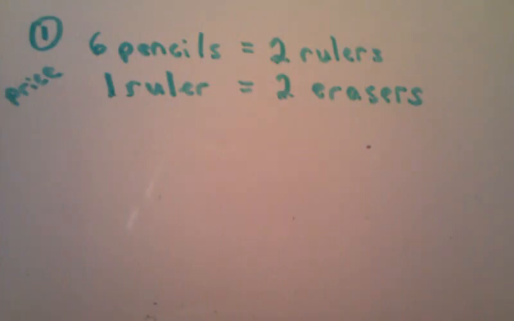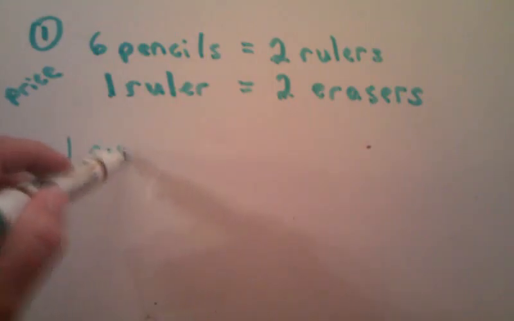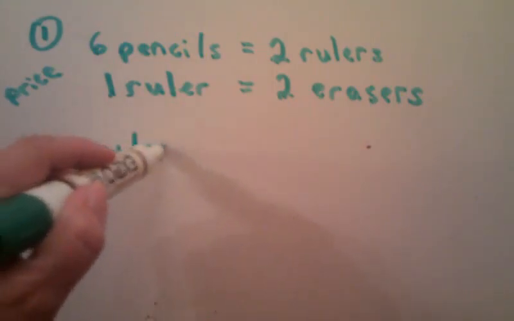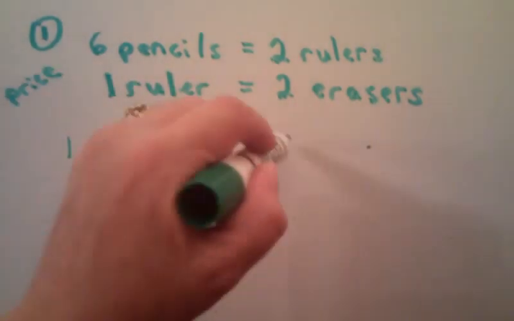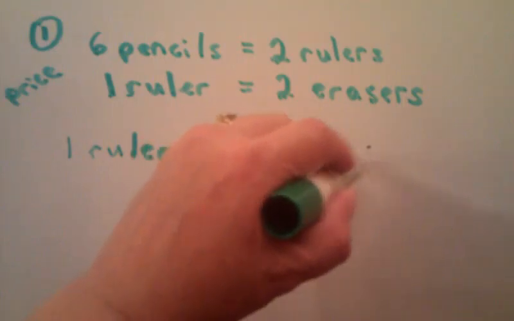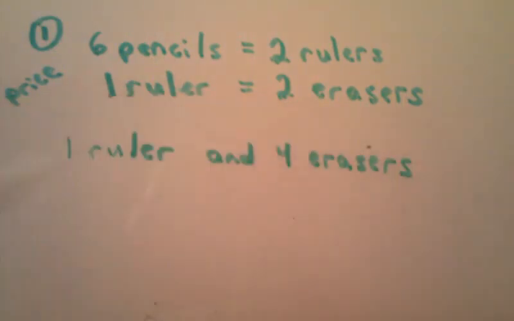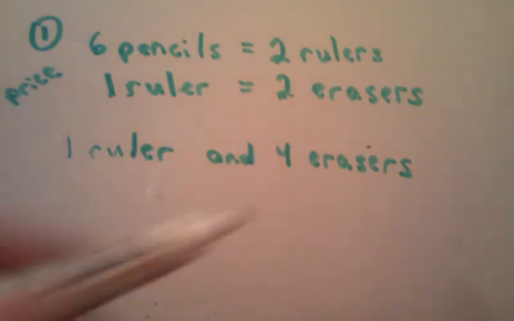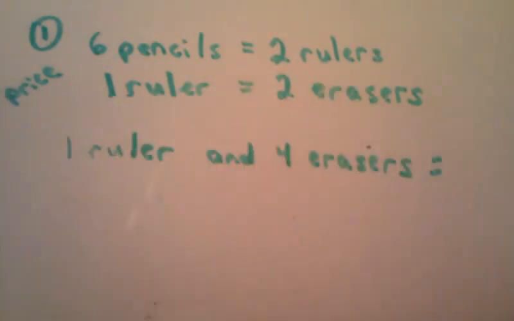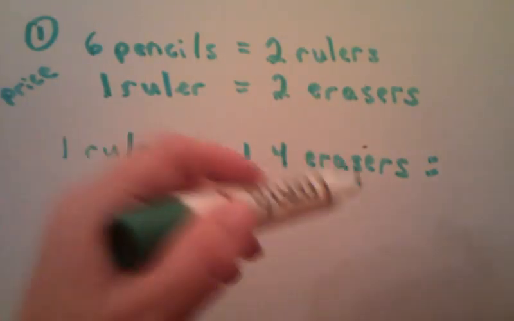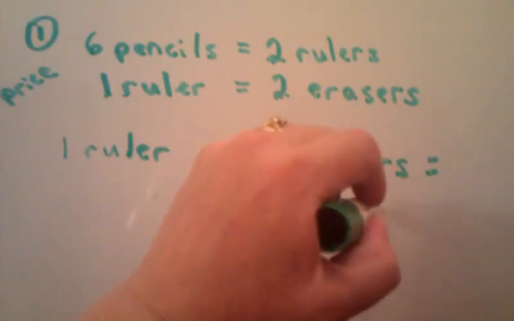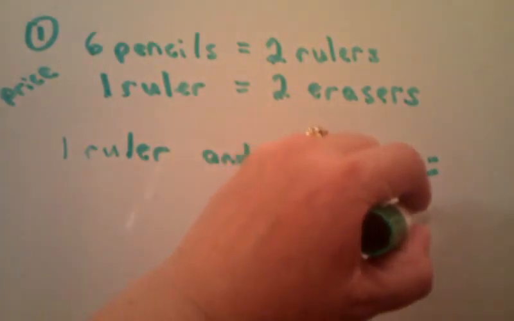Now, number 1 says 1 ruler and 4 erasers equal the value of, so I'm just going to put equals, how many pencils? Blank pencils.